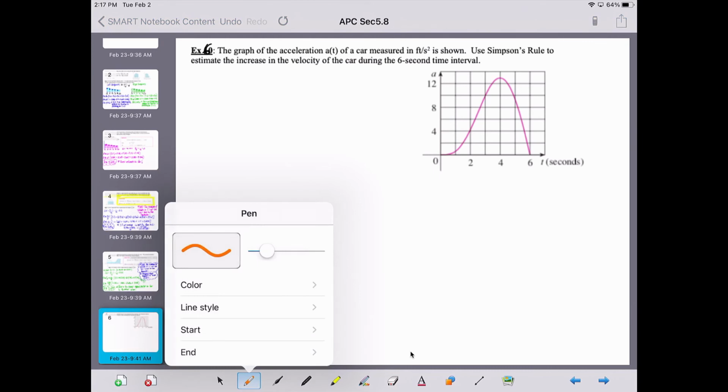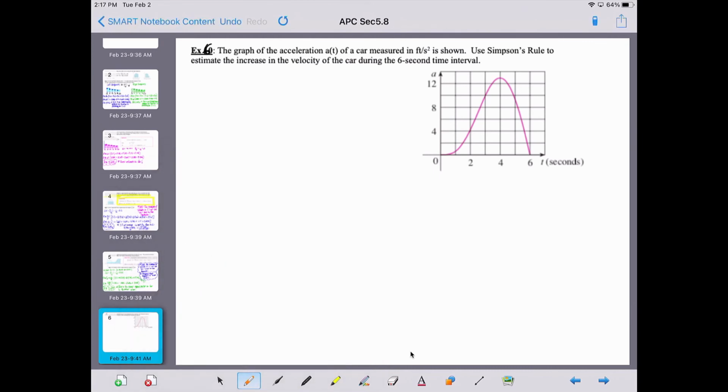Okay, so think about our relationship here. We have a graph of the acceleration. If we want to estimate the increase in the velocity of the car, first of all, increase means it should come out positive, right?